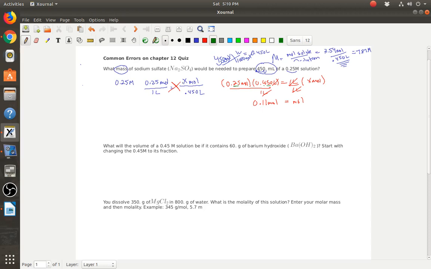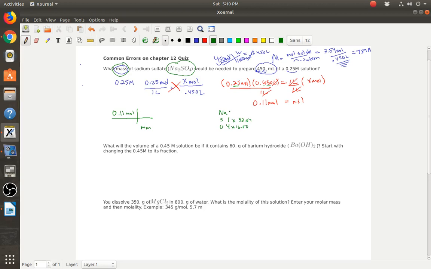All right, so that tells me how many moles, but the question was mass. So that means I've got to convert the moles to mass. So I take 0.11 moles, and I'm going to need the molar mass of sodium sulfate to put here so I can get the mass in grams. Okay, so sodium sulfate, SO4, so 4 oxygens times 16. Sulfur is 1 times 32.06 or 32.07, depending on which one you're looking at.